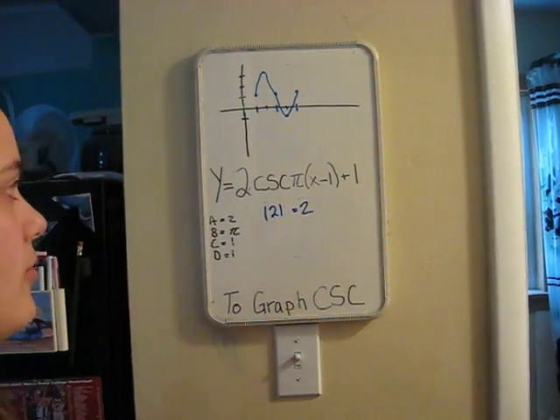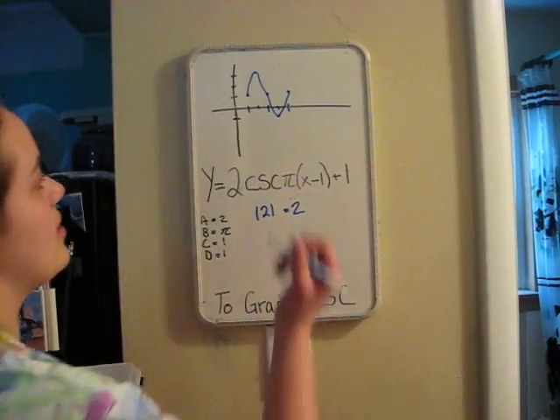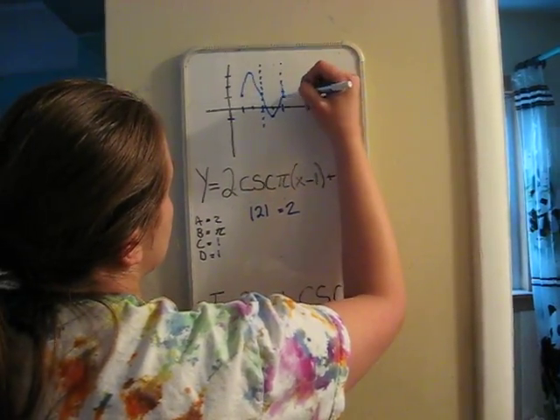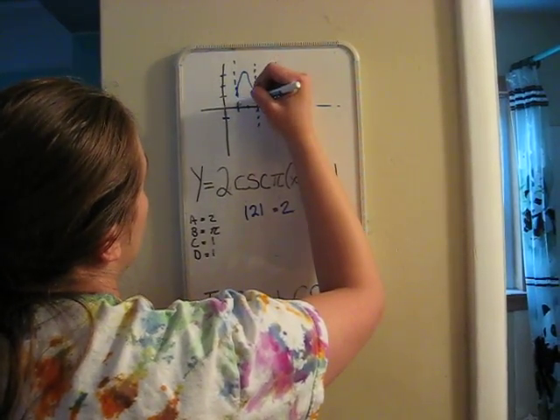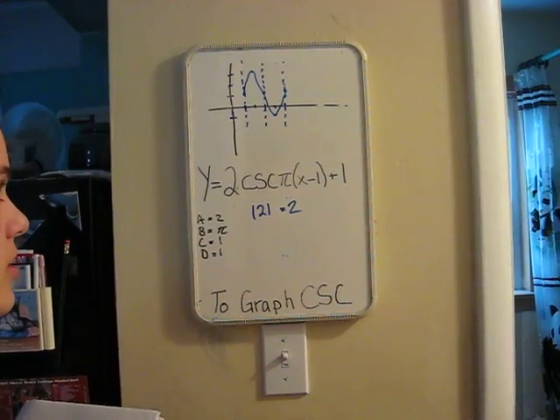But we're actually looking for a cosecant graph. So the next thing we have to do is add asymptotes at the intercepts. Asymptotes are shown as dotted lines, and they are lines which your graph will approach but never actually touch.